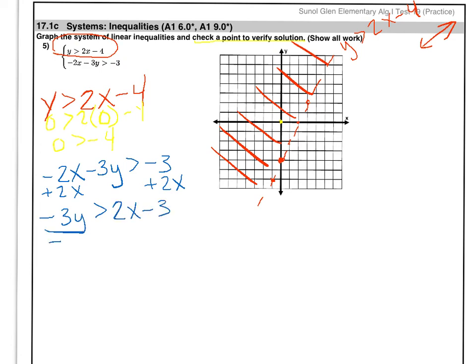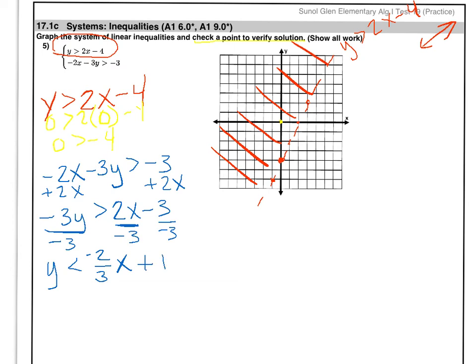And now I'm going to divide by a -3 for each piece so that I can get my y alone. So y, and now because I divided by a negative, I have to switch my sign, is equal, or y is less than 2/3 negative x plus 1.